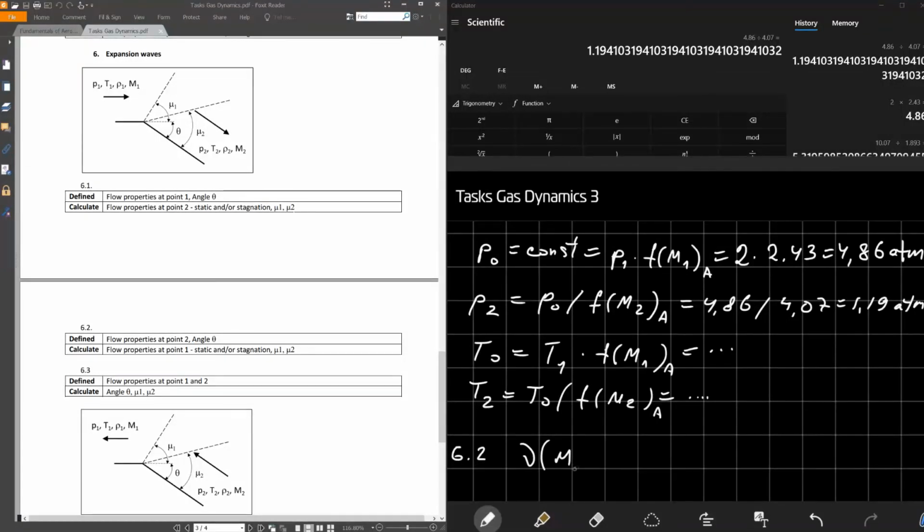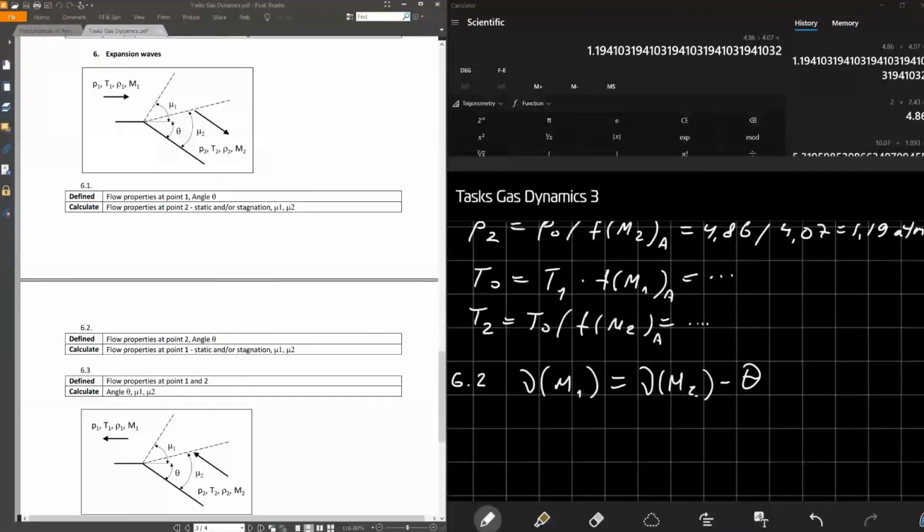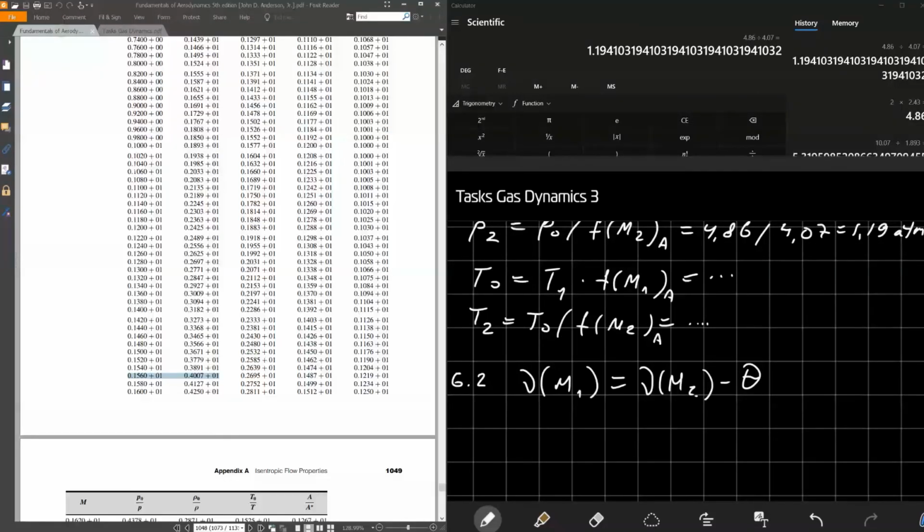The Prandtl-Meyer function at point 1 is nu at M2 minus theta. Here we understand that the value should be positive, right? So the Prandtl-Meyer function for Mach 2 will always be bigger than the angle of the body. So we have such an example. Let's see.